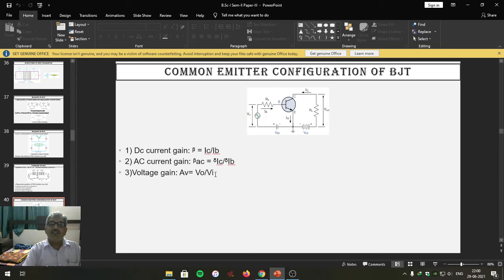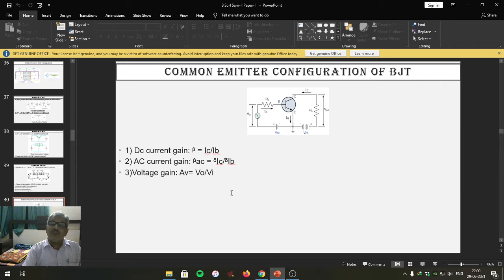V for voltage, I for input, here V for voltage and O for output. So this is the output voltage upon input voltage VI, that we can call it as the voltage gain AV. Friends, this is how one can make use of BJT in common emitter configuration and how it is going to act as an amplifier along with these three definitions.